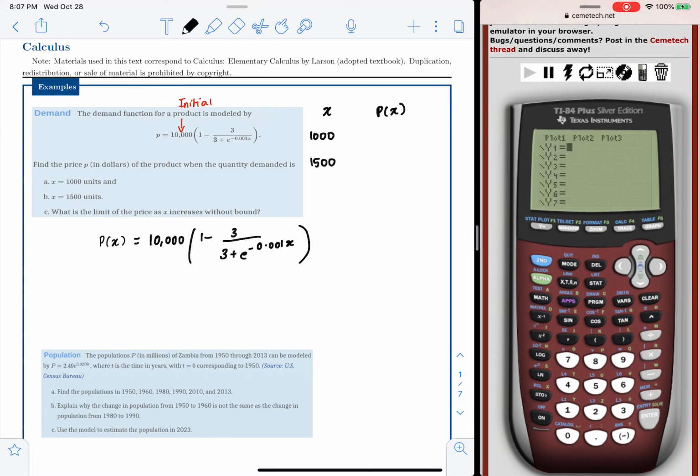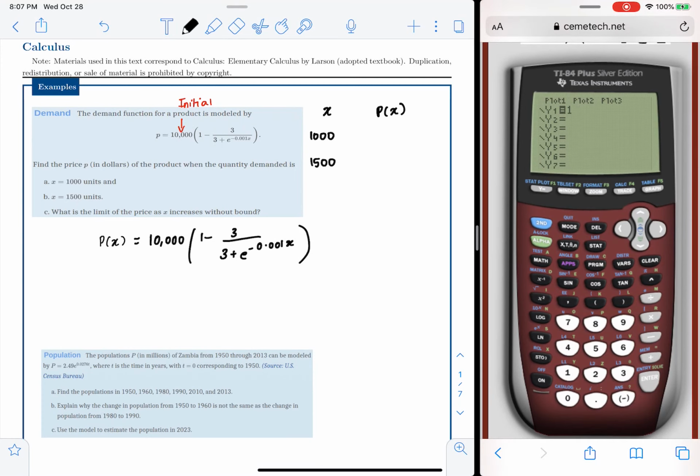So I'm going to put in the function first. Parentheses are important. e raised negative 0.001x, close paren for the exponential, close paren for the denominator, close paren for that rational function, and finally 1 for the open parentheses.